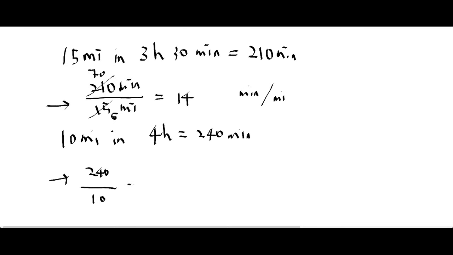Divided by 10, right? Yes, this is 24, right? So 24 minus 14. Oh, Andy, you got the answer. Yes, sometimes you don't need to write it down this way, but mentally you have to do it this way, okay? What is the idea? You better first convert the hours and minutes to just minutes, okay? And then you just divide by the total distance, okay?